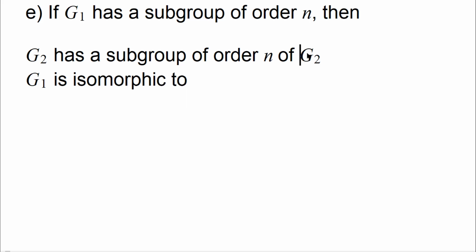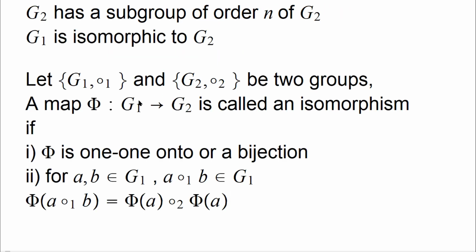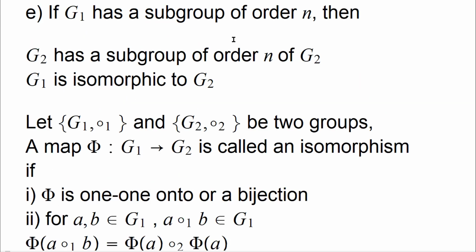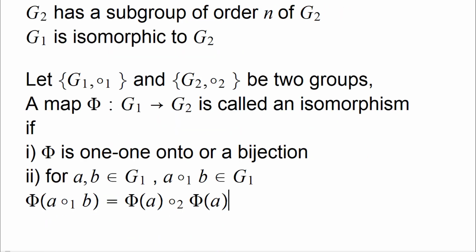Just a very quick refresher: there is an isomorphism between G1 and G2, a 1-1 onto map that respects the operations between the two. So we have to show that if G1 has a subgroup of order n, then G2 also has a subgroup of order n.